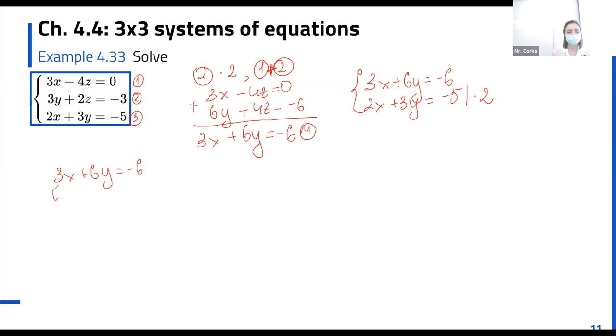And here we have 4x plus 6y equals minus 10. And we need just to subtract. So we will have minus x, we won't have y, and we will have 16. So x equals minus 4.